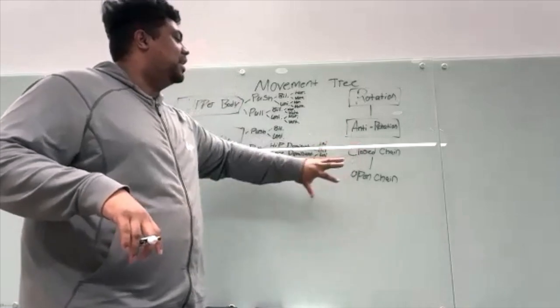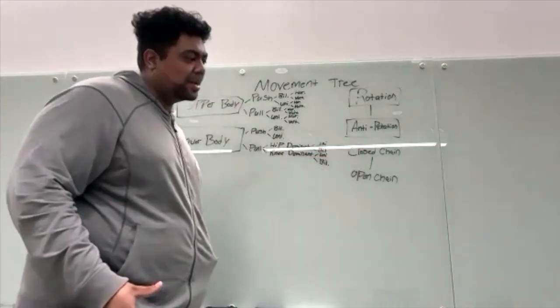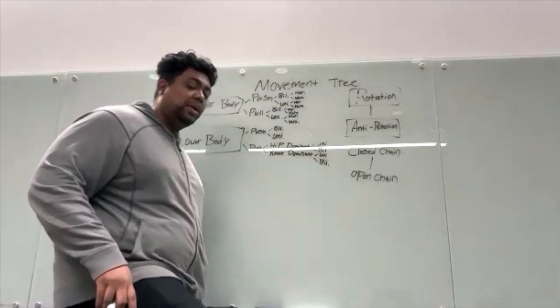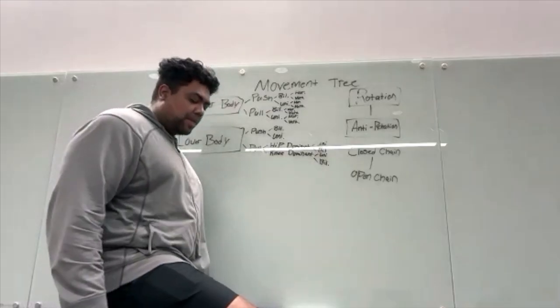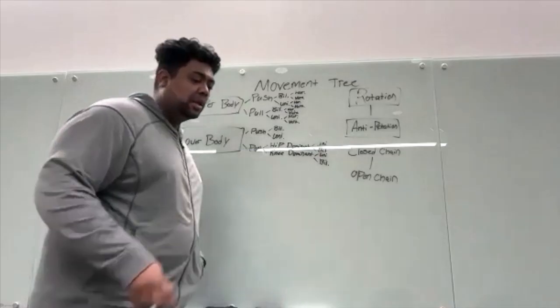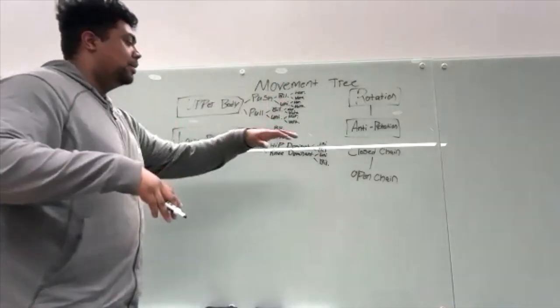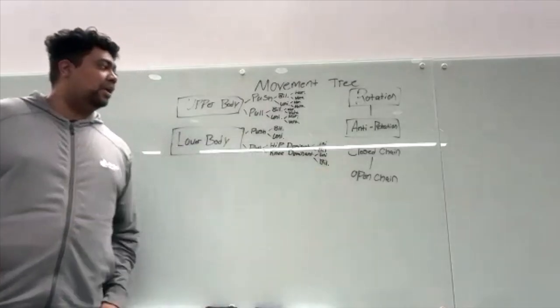That's going to be classified as a closed chain. Now, keeping with the quad dominant exercises, if I'm doing a leg extension, my leg is moving throughout space, meaning there's nothing closing my chain. That's going to be an open chain, right?